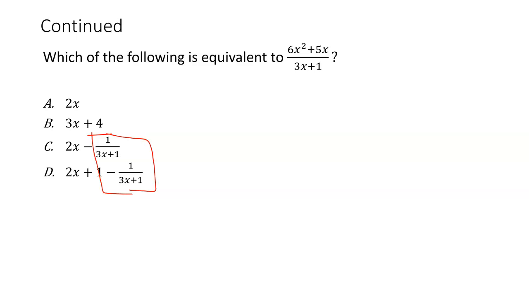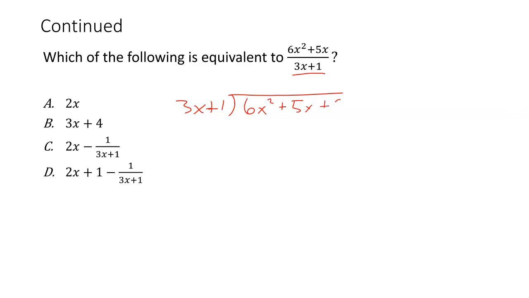If we have a remainder, we always write it as plus or minus something over whatever we're dividing by. That's a common pattern that shows up in polynomial long division. And so that gives us a hint that we should be doing polynomial long division. Luckily, this one's going to be pretty simple.